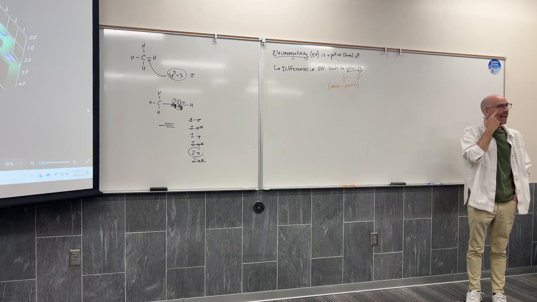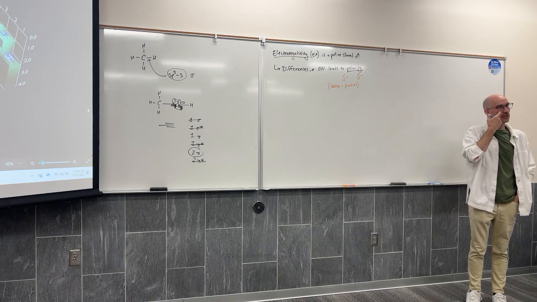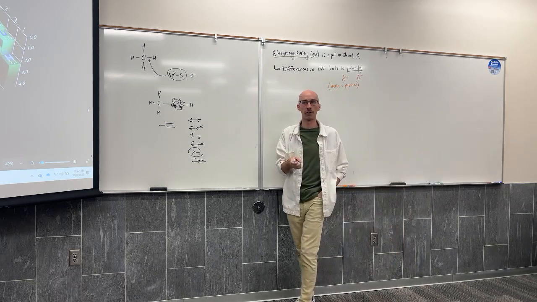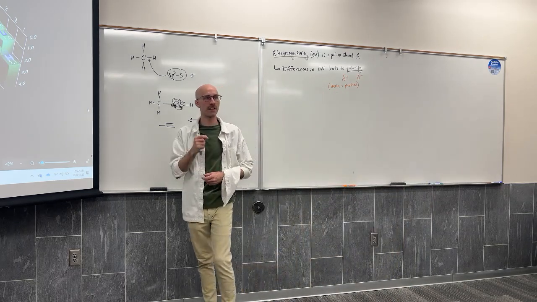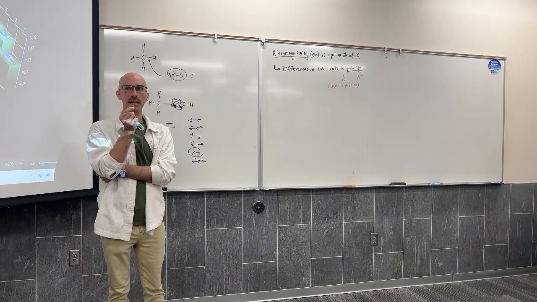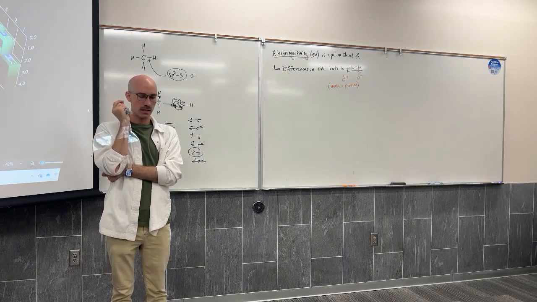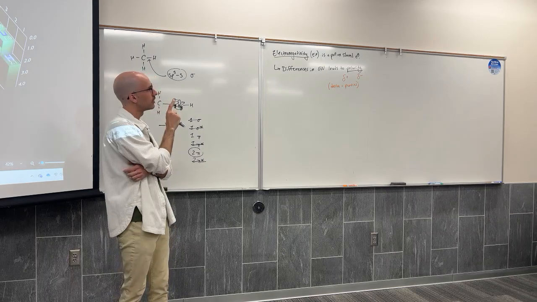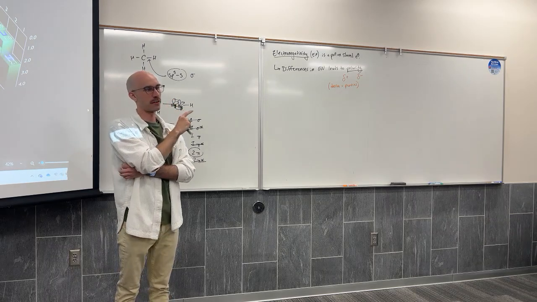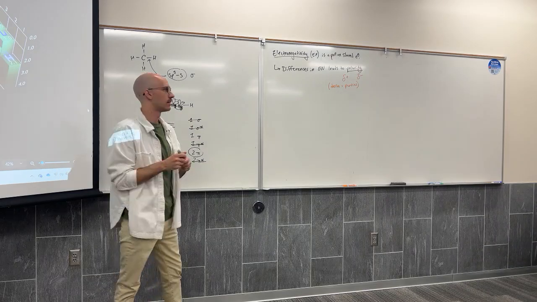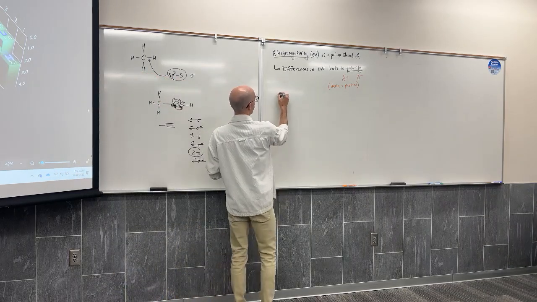There is a difference in this. Now, I have a problem with the larger scientific community labeling bonds as polar or nonpolar based on specific differences in electronegativity. The reason being, very few bonds do not have a partial positive or a partial negative. And those bonds would be things like pure bonds.